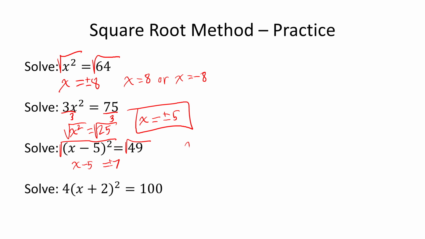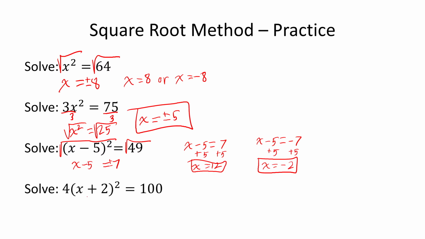This then means x minus 5 is equal to 7, or x minus 5 is equal to negative 7. And now we just have to solve both of these. We add 5. That's going to give me x is equal to 12, or add 5, and we get x is equal to negative 2. Negative 7 plus 5 is negative 2. So then we end up getting these two answers, x equals 12 or x equals negative 2.